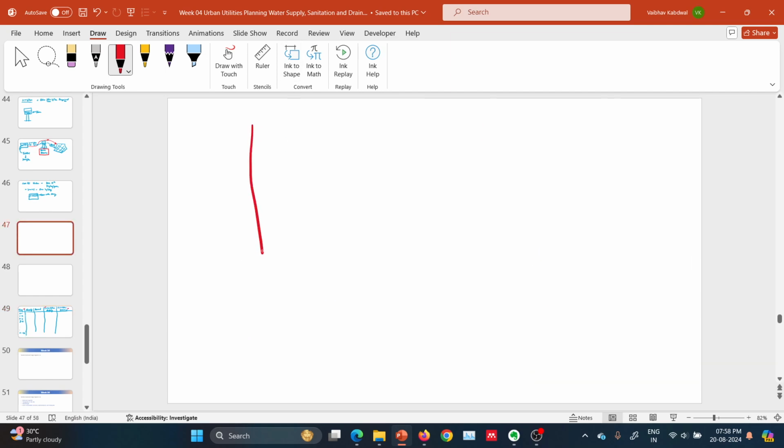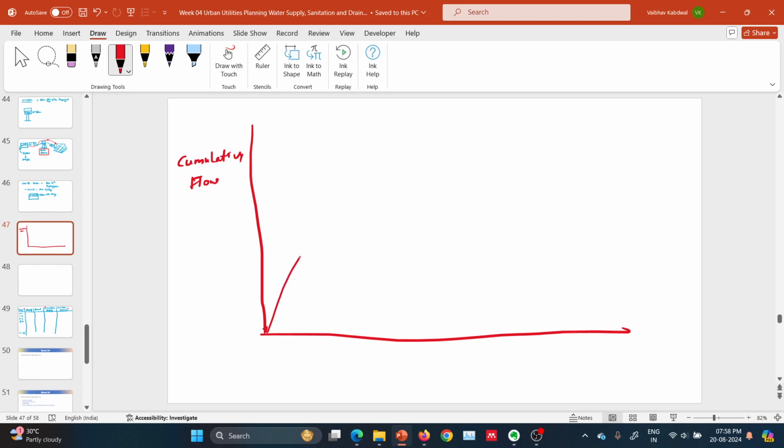So here I'm plotting this. This is cumulative flow. Let's say our supply, the demand is fluctuating.